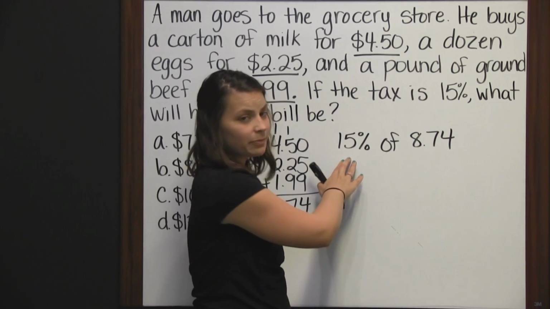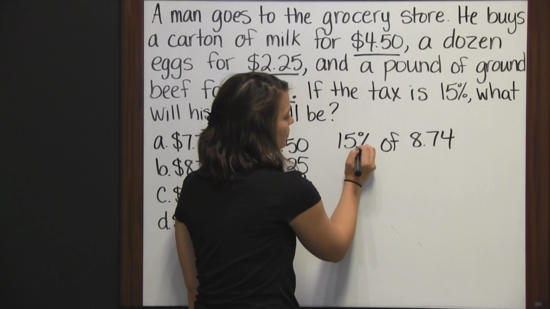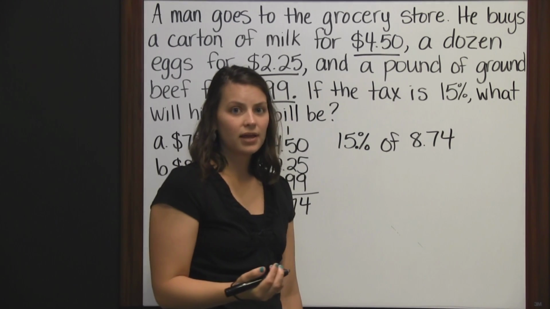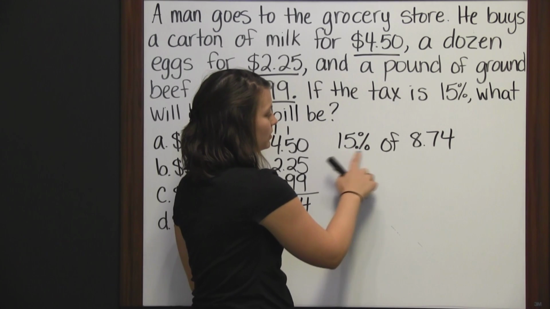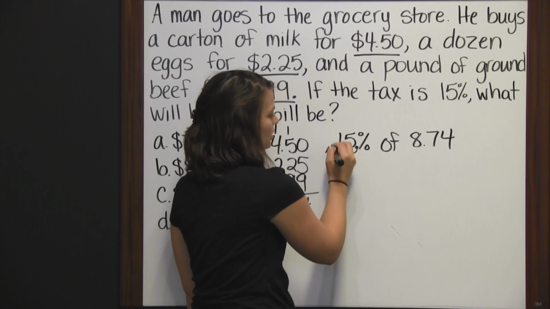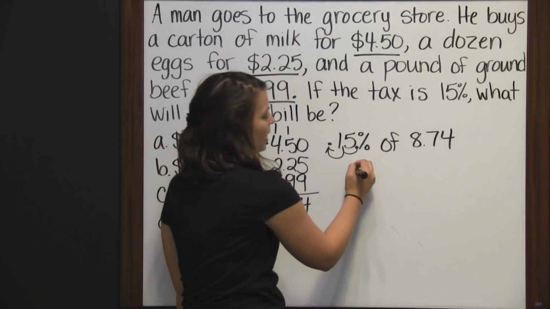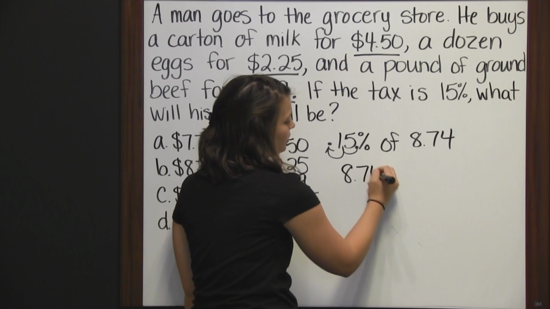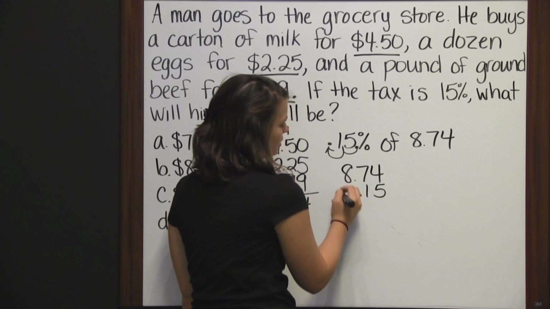First, we have to change the percent into a decimal. And to do that, the decimal is at this point behind our number. To change our percent into a decimal, we have to move it 2 places to the left. So to find the tax, we'll take $8.74 and multiply it times 0.15.